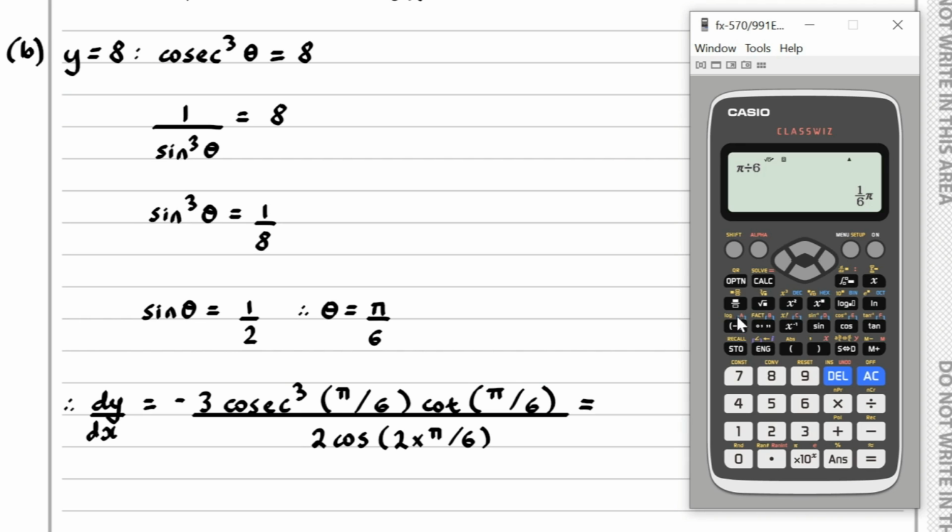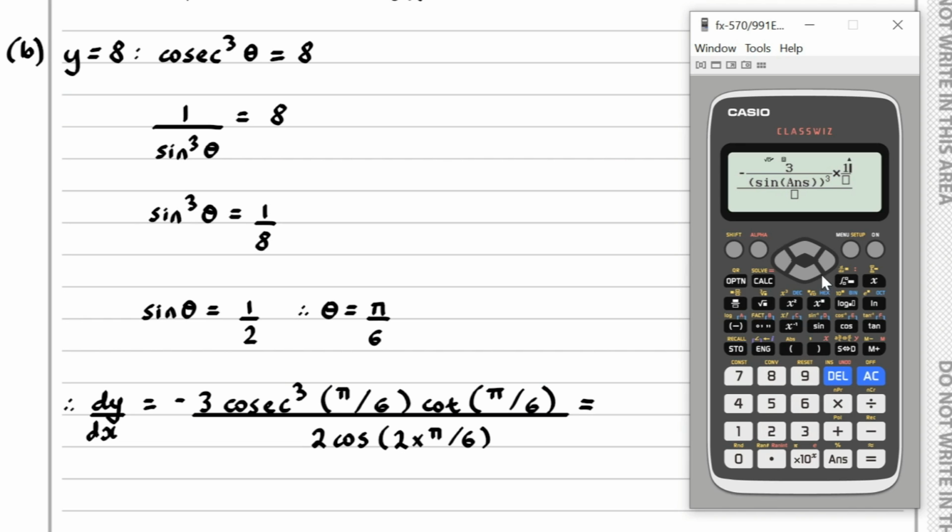Now we've got minus 3 over cosec cubed, so this is the same as sine of pi over 6 cubed, and then we multiply this by cot.